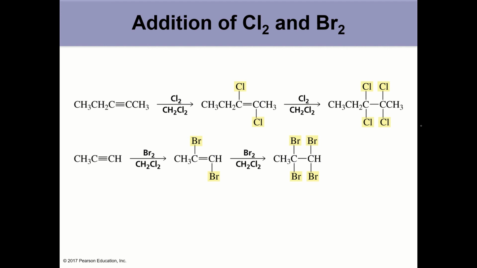Once we've added one equivalent, if we then add a second equivalent, we can end up with a vicinal tetrahalide. So we have at one equivalent an alkene with 2 chlorines, and at 2 equivalents an alkane with 4 chlorines. So we can make with one equivalent, or 1-to-1 molarity, a dihaloalkene, vicinal dihalo, meaning that they're not on the same carbon.